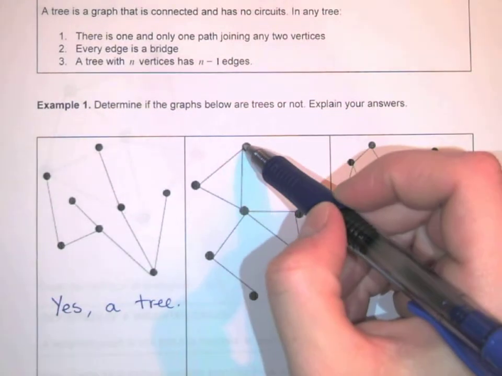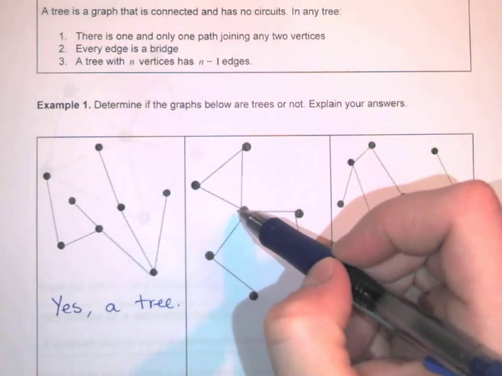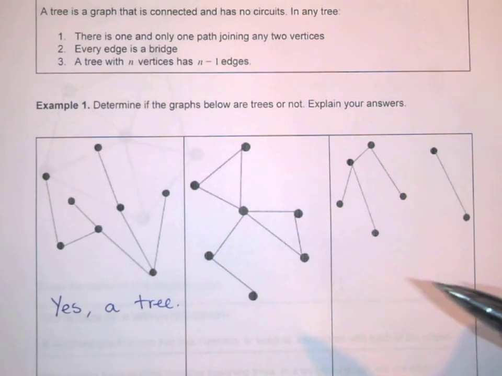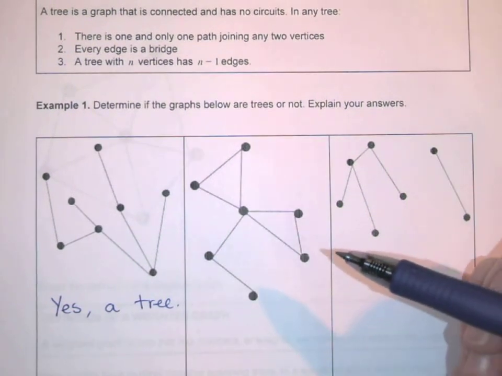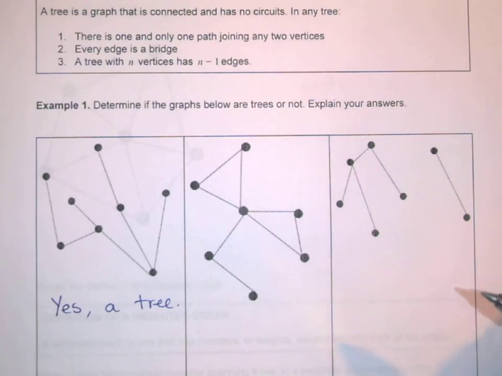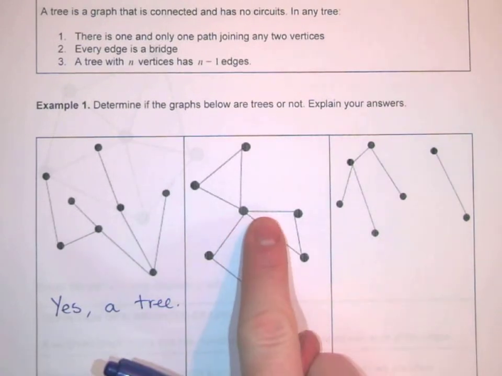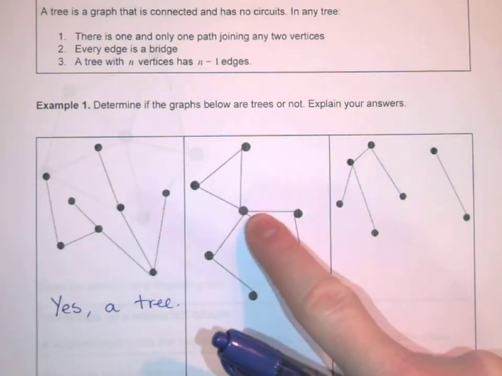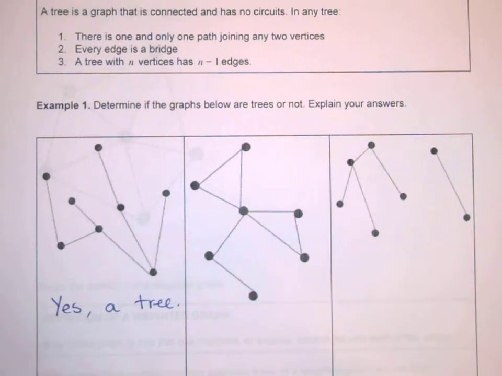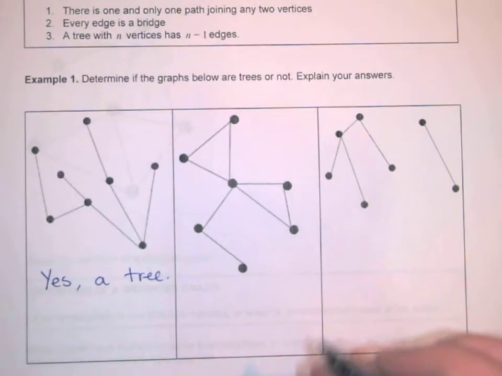So I could start here and make my way back along some path. So this one has 2 circuits in it. And it is not the case that every edge is a bridge. For instance, I could get rid of this edge and the graph would still be connected. So this is not a tree.